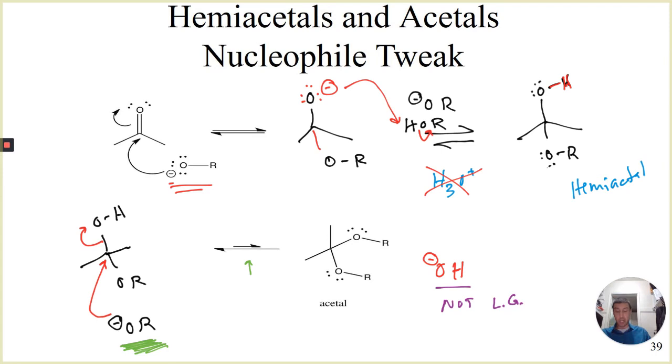There's actually another reason why that arrow is going to heavily favor the reactants in this case and never form the acetal. This comes from acknowledging what mechanism this is. This is an SN2 mechanism. In the SN2 mechanism, oh my goodness, is backside attack.